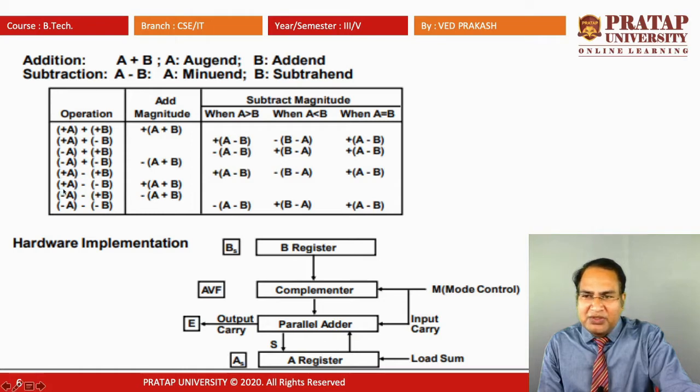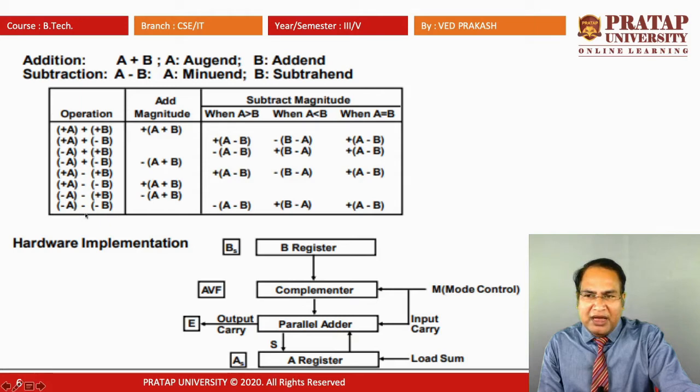Now, if A is positive and B is negative and we want to perform A minus B, it means we want to perform the subtraction operation. In this case, the add magnitude is performed and that always provides the positive. If A is negative and B is positive and we want the subtraction operation, in this case we get the negative add magnitude.